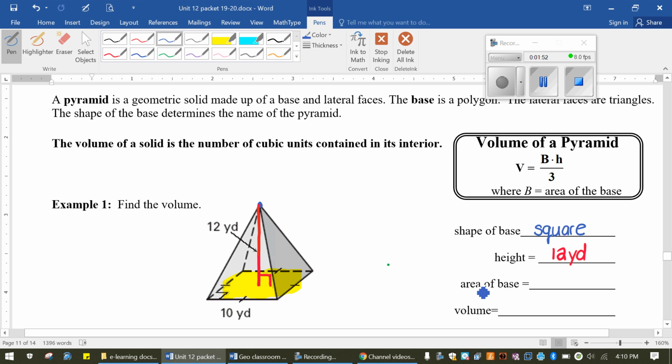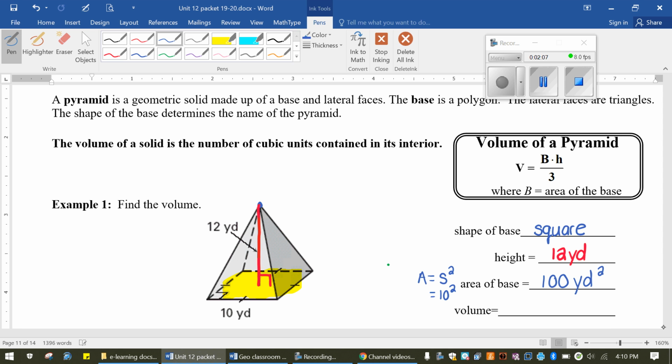Let's finish off the area of the base. That area would be side squared for a square, so 10 squared would be 100 yards squared.